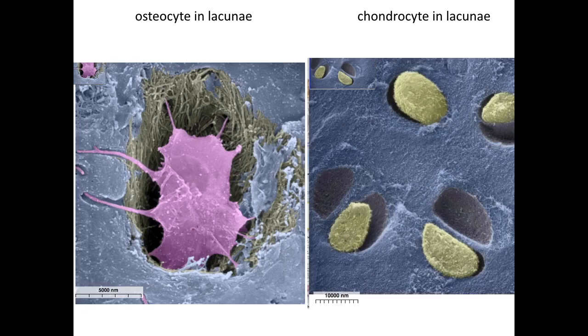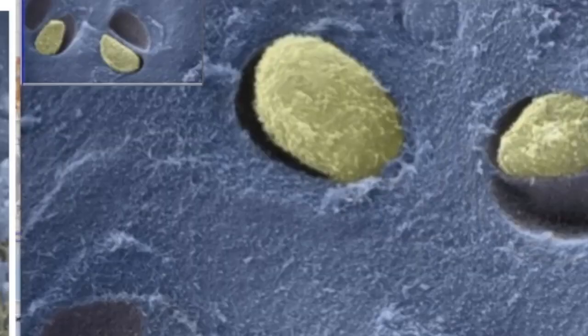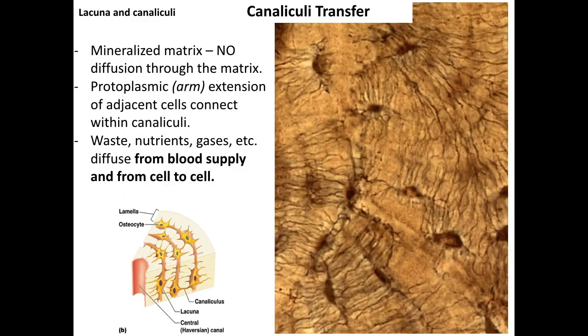So the osteocytes, whether in compact bone or spongy bone, are located in lacunae. Chondrocytes of cartilage are also in lacunae, but materials can diffuse through that watery matrix to the extent that those relatively inactive chondrocytes need it. Osteocytes, on the other hand, are sitting in bone matrix, which does not permit materials to diffuse through.